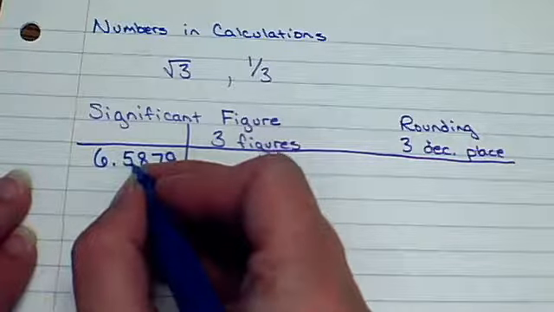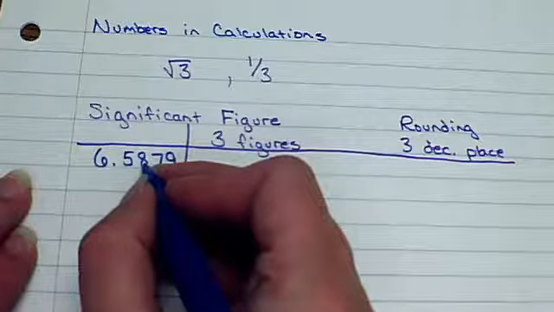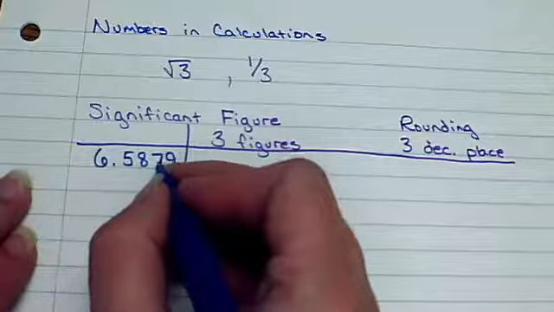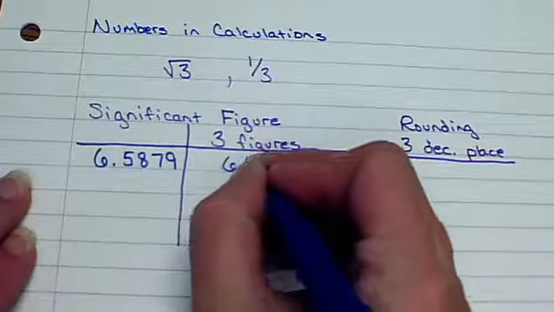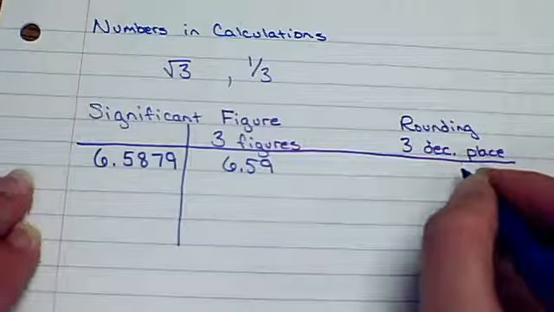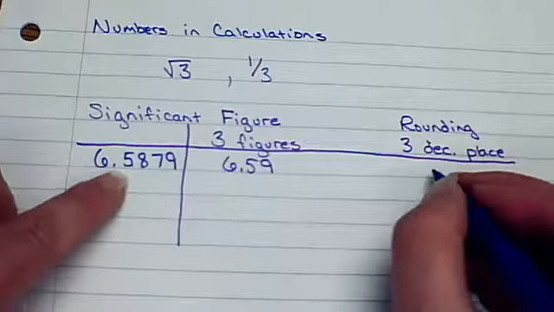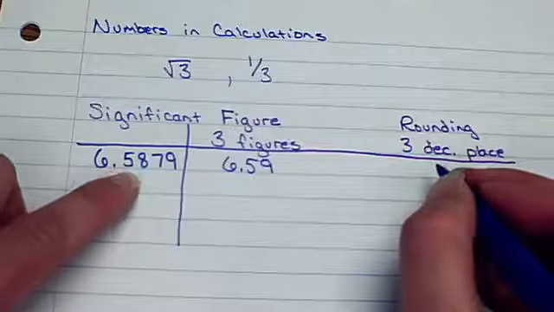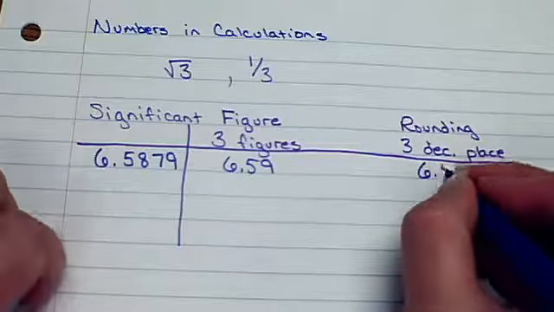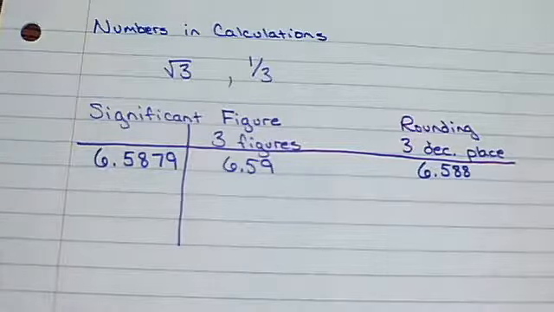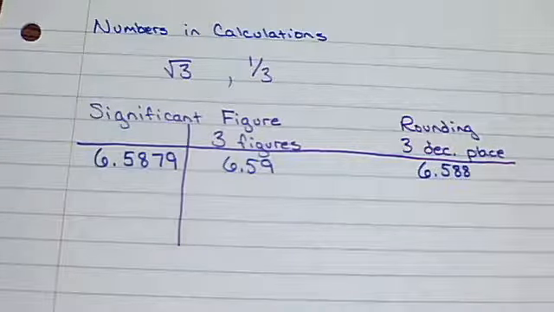That's 1, 2, 3. Now I'm going to round. 7 is higher than 5, so that becomes 6.59. Compare that to 3 decimal places. 3 decimal places, I start where the decimal is, 1, 2, 3, and then I round. So that would be 6.588. Do you see the difference there?